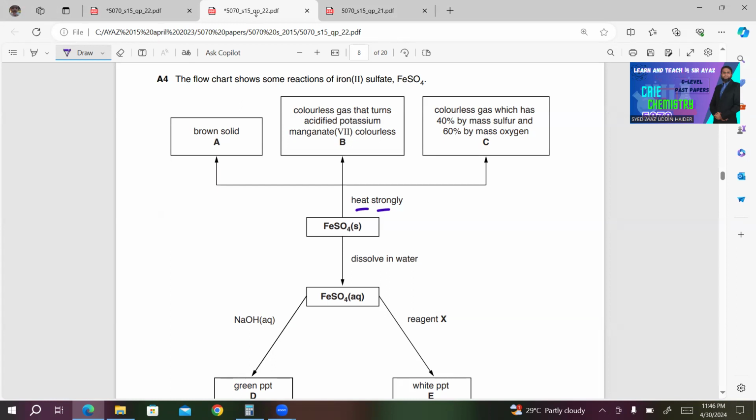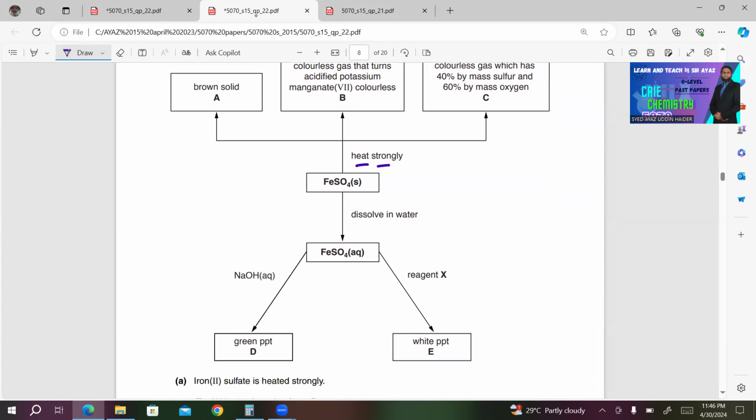If you dissolve FeSO4 in water, you will get FeSO4 aqueous. FeSO4 aqueous on reaction with NaOH aqueous gives green precipitate D, but on reaction with reagent X gives white precipitate E.